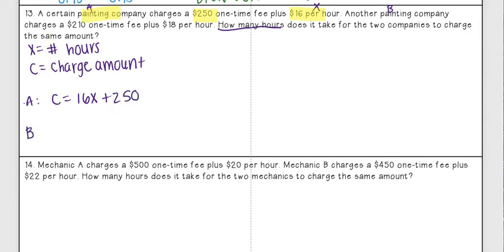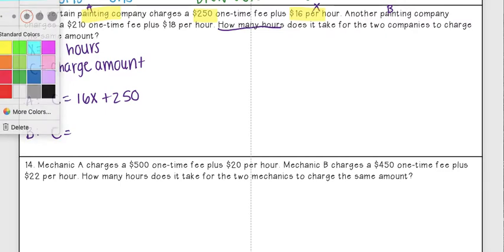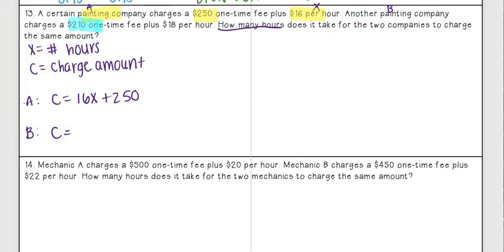Where Company B, their charge amount, they have a $210 one-time fee plus 18 per hour. So again, my per hour, that's x, so I have 18x plus 210. So my charge amount for Company A is 16x plus 250. For B, the charge amount is 18x plus 210.